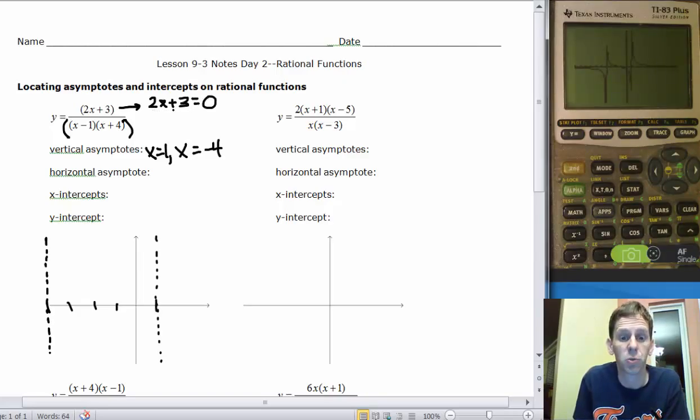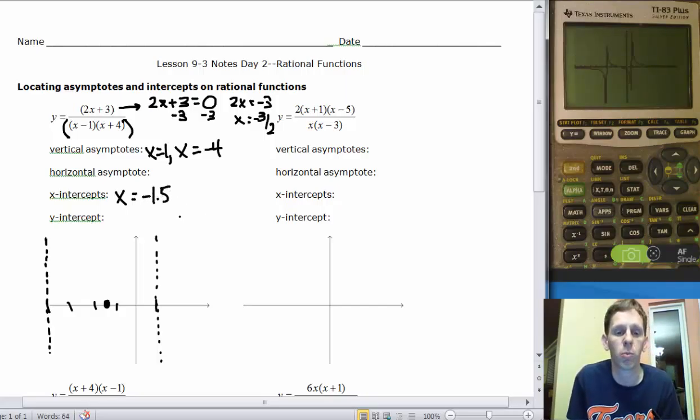Subtract 3 from each side, you're going to get a -3 on the right side. So we have 2x equals -3. To solve this, divide both sides by 2, and you get x equals -3 halves, which is about -1.5. So we'll put a little dot here at -1.5.